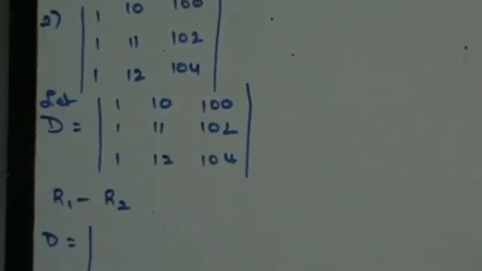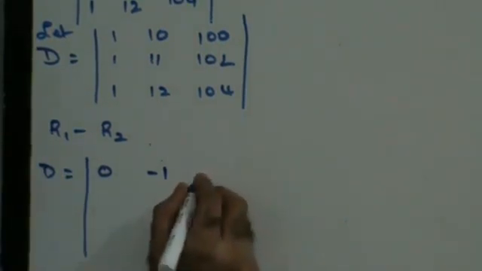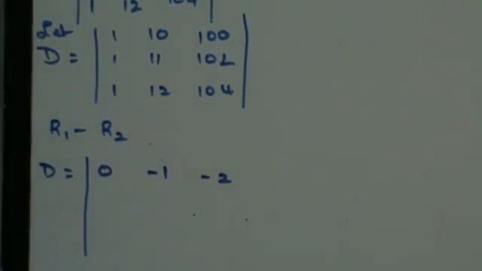If I do R1 minus R2, row 1 minus row 2: 1 minus 1, 0, 10 minus 11, minus 1, 100 minus 102, minus 2.